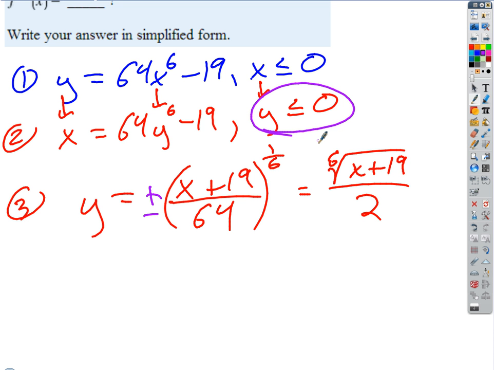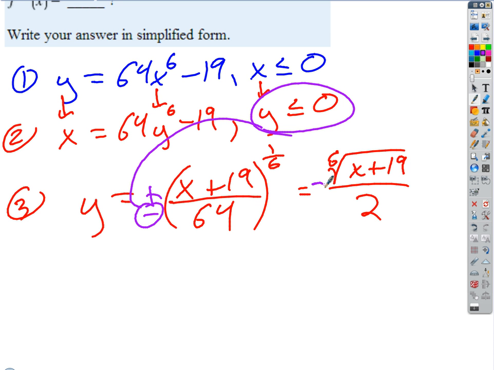If I take an even root of any number, I get back either 0 or a positive number. But this is telling me that my answer, Y, has to be less than or equal to 0. So which of these signs do I have to use? I have to use the negative, don't I? So my answer is that.